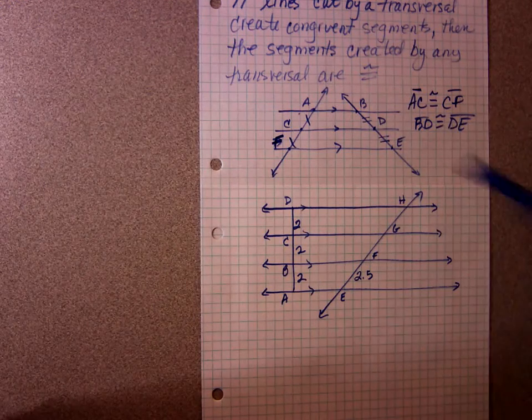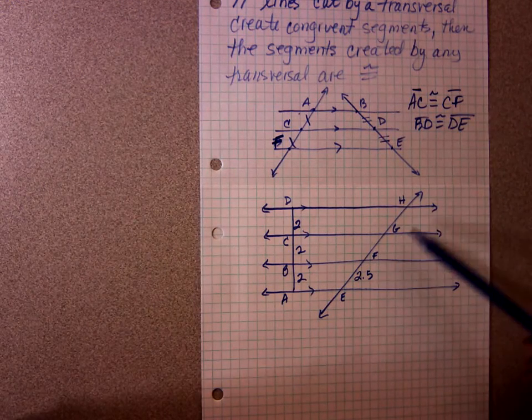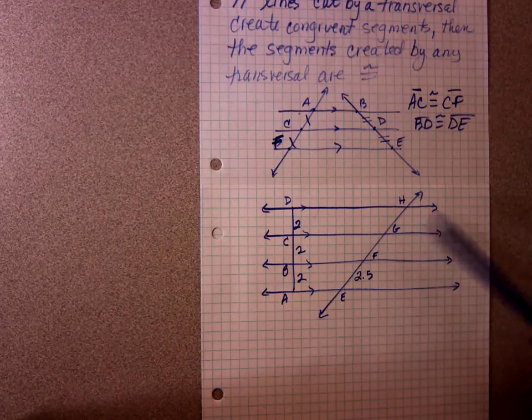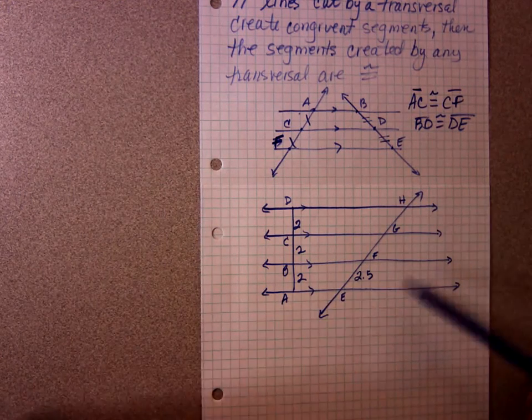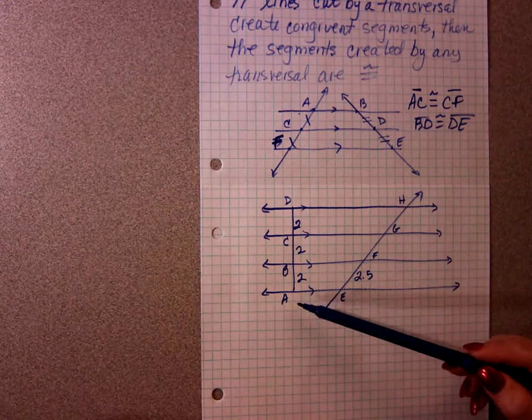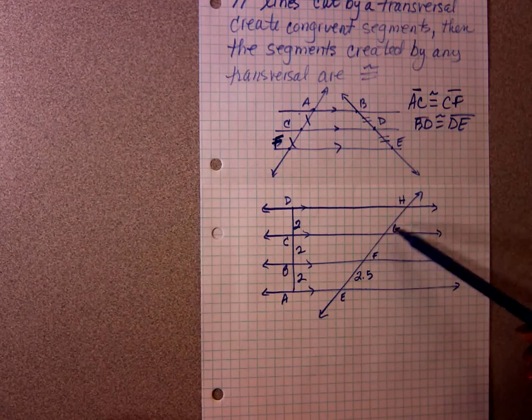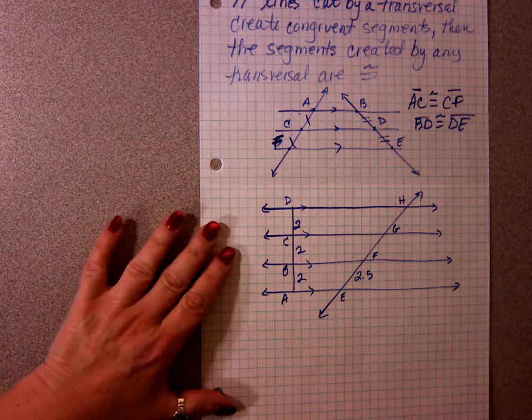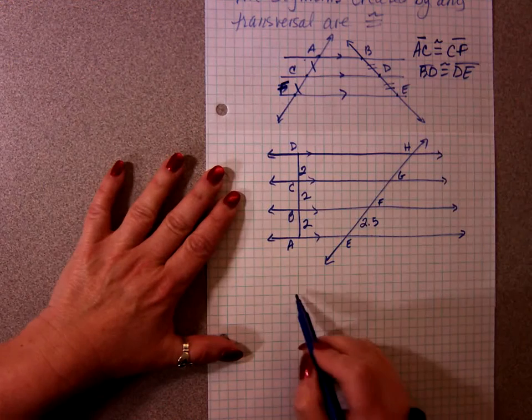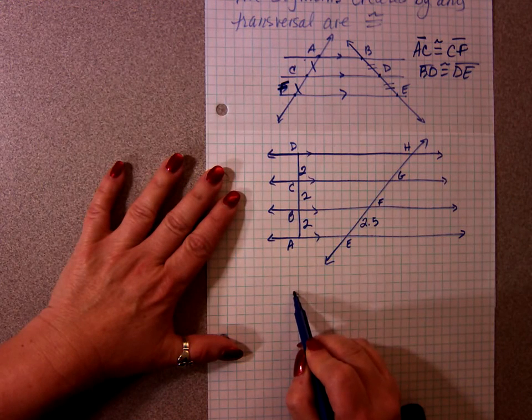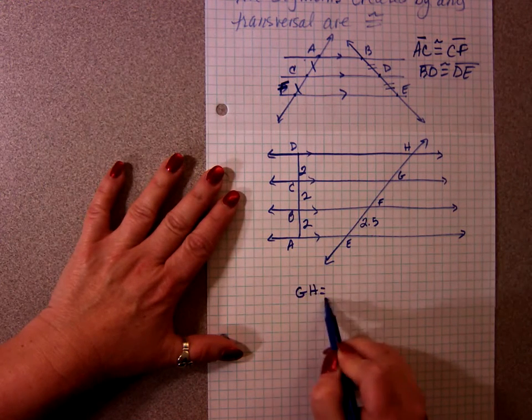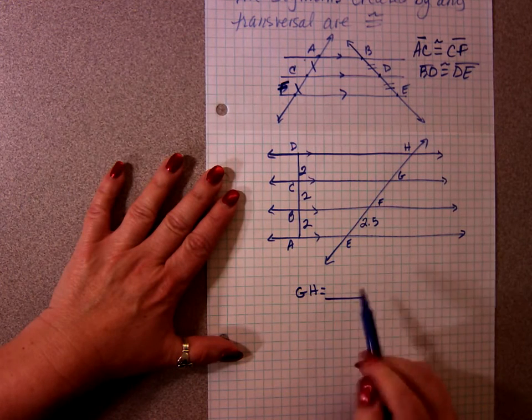So that tells us what about these segments over here? Right, they're also equal to each other. They're not equal to 2, they're equal to what? Right, 2.5. So what is the length of GH? It's 2.5.